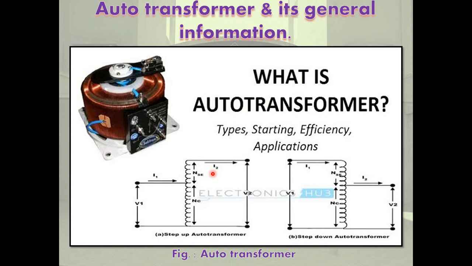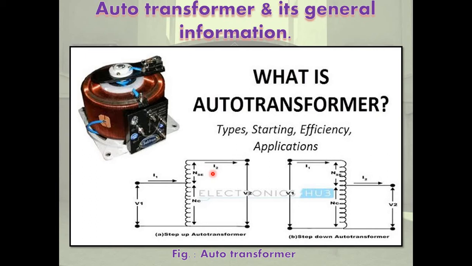Now, what are the limitations of auto transformer? First is low impedance, high short circuit currents for short circuit on secondary side. In case of auto transformer, if a section of winding common to primary and secondary is open, full primary voltage will come across secondary, resulting in higher voltage on secondary and danger of accidents.